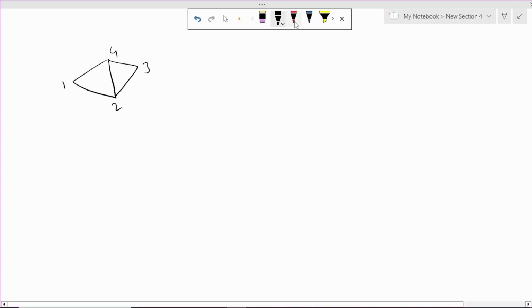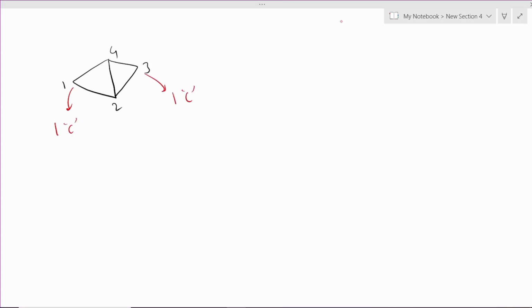Next example is, suppose this compound we have to do IUPAC nomenclature. Firstly, assign numbering. It is 1, 2, 3, and 4. And here we can see that 1 carbon bridge, here also 1 carbon bridge, and here no carbon bridge is there, so it is 0 carbon bridge.